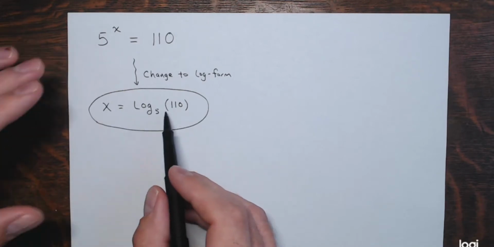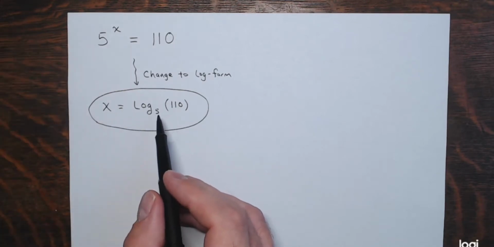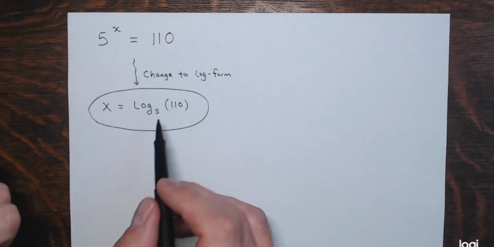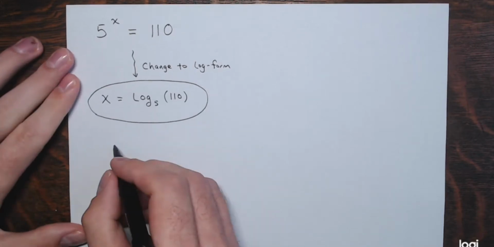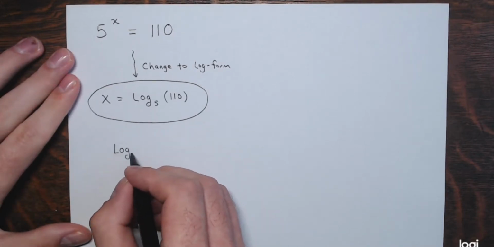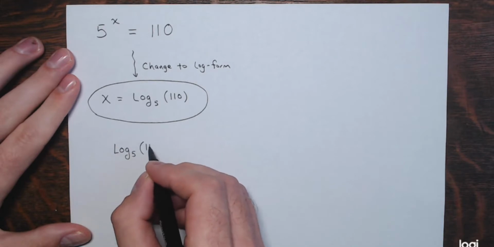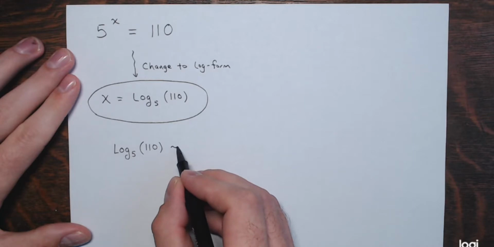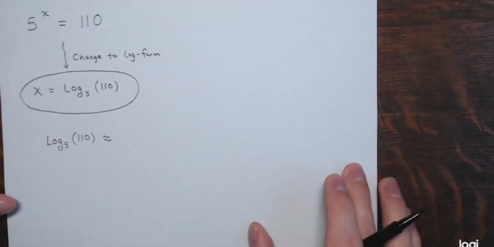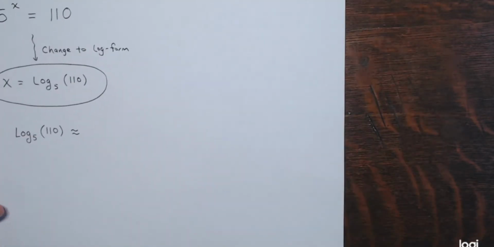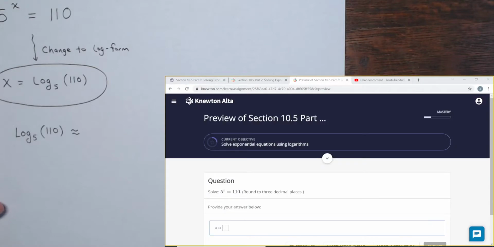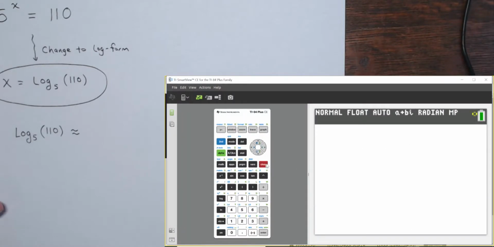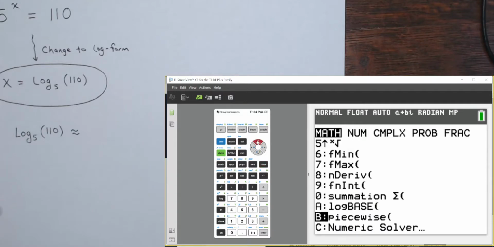So this number, whatever it is, is the answer. But they're having us round it. The log base 5 of 110 is approximately equal to, and I'll just enter this on my calculator. So I'm pulling my calculator up. Let's clear the old stuff. Again, I have a calculator where I can actually enter whatever base I want.